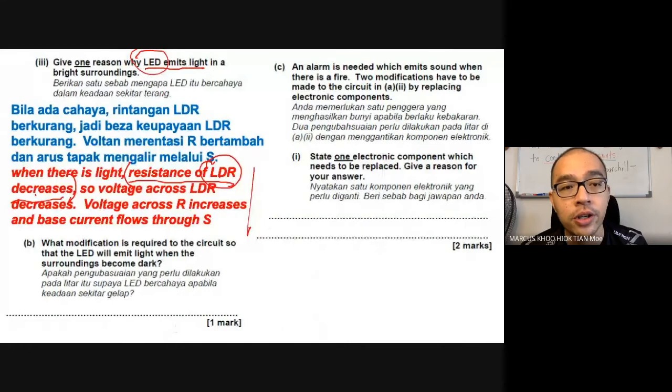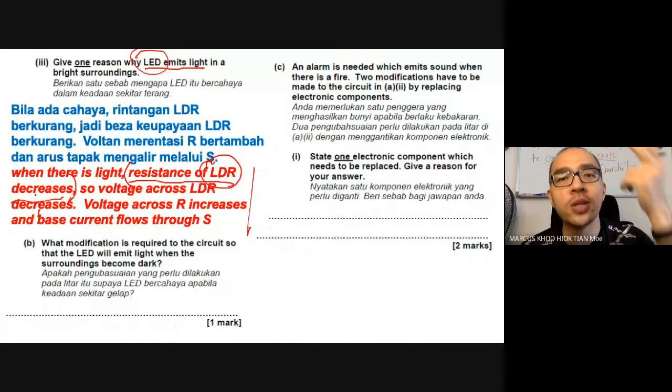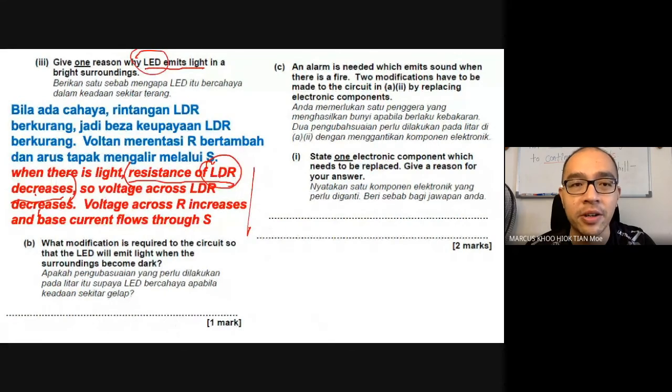Voltage across LDR decreases, voltage across R increases, base current flows through S, therefore the collector current flows, the transistor switches on. Base current flows, collector current flows, transistor switches on, the bulb lights up. That flow is always there. You just have to remember it.